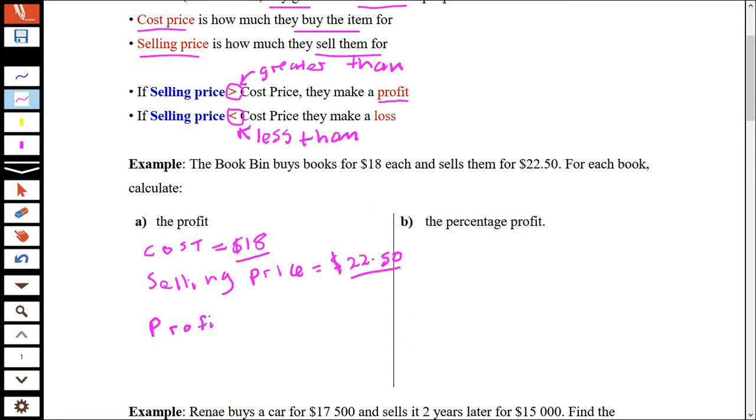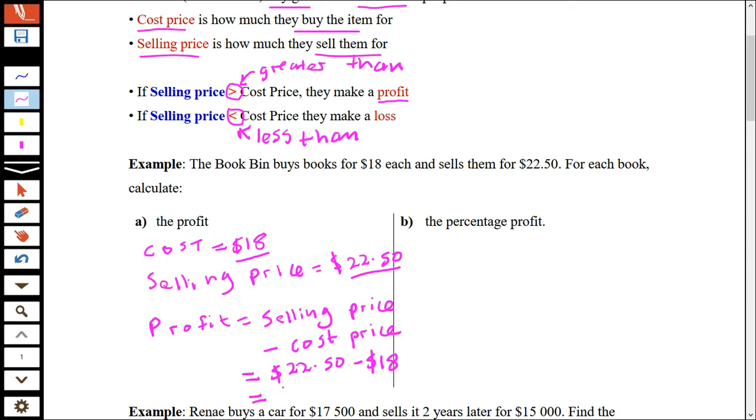Okay, so the profit will be the selling price minus the cost price, which is $22.50 minus $18.